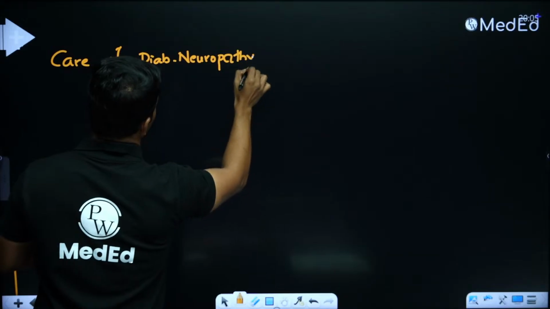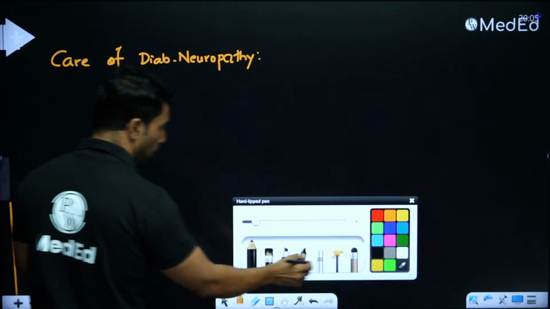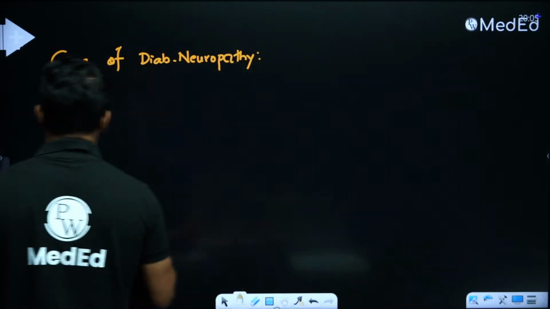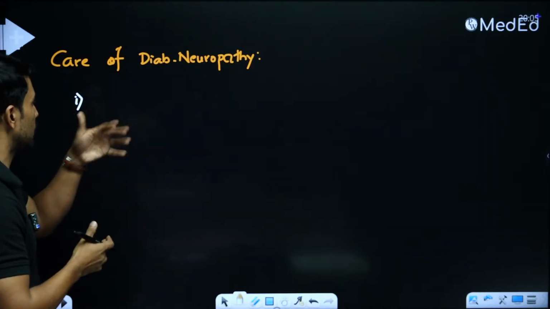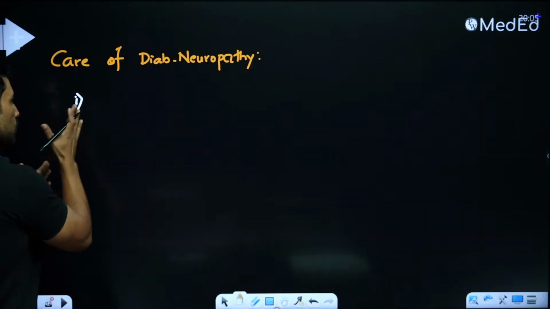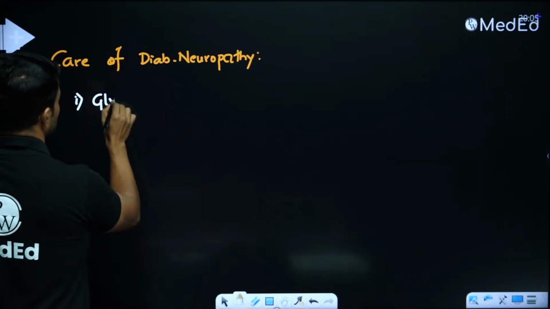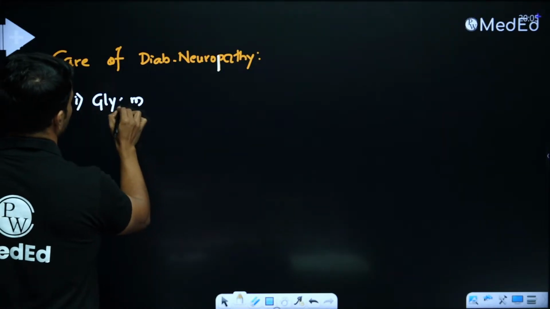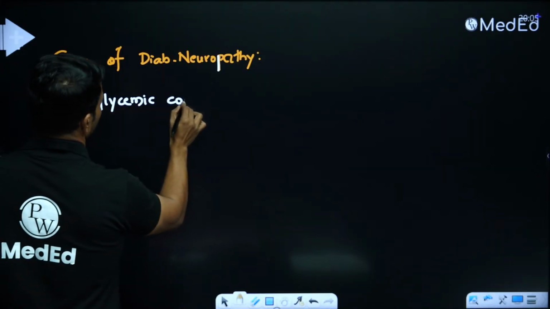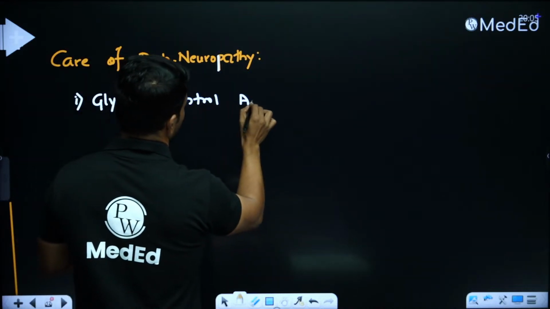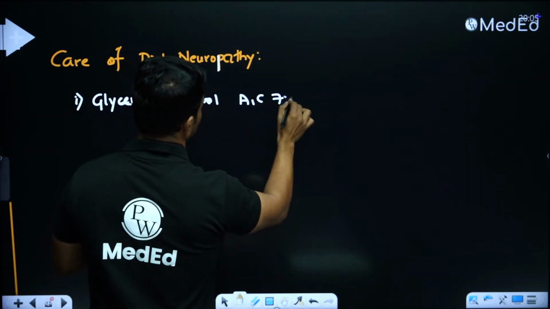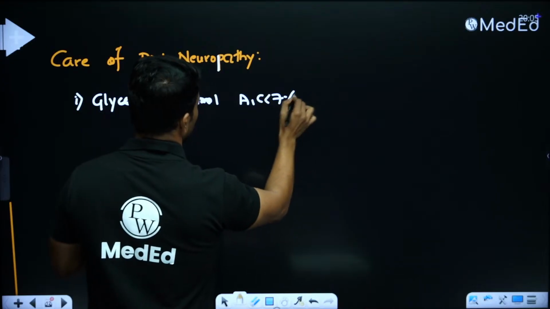Patients have symptoms which are bothering, burning sensation, pins and needles, all of that I have to reduce, and I have to also make sure that he doesn't end up in amputation, right? So number one, as usual, glycemic control can slow down the disease progression. So I have to make sure that the HbA1c is kept less than 7%. Less than 7%.